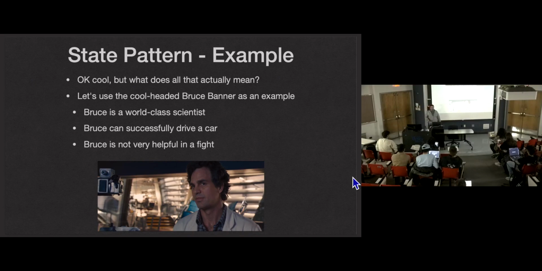But so let's talk about what that all means. That's the concept, the theory behind the state pattern. Let's get an example to make this make a bit more sense. And for that, I'm going to call on my buddy Bruce Banner here. He's going to help us figure this one out. Bruce Banner, I assume most of you know who this is, but just in case, he's a fictional character. He's a world-class scientist. We'll call him Dr. Banner at this point.